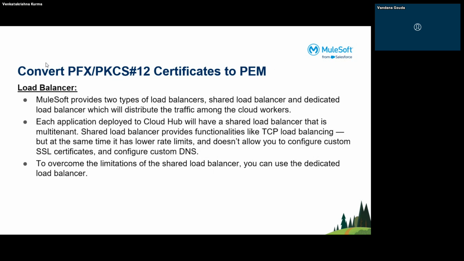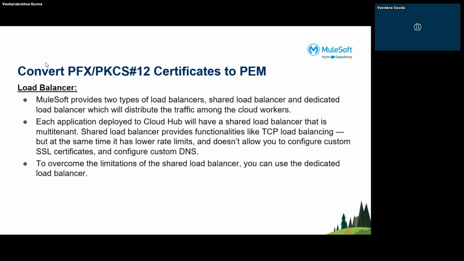Each application deployed to the cloud will have the shared load balancer, which is multi-tenant, and the shared load balancer provides functionalities like TCP load balancing. But at the same time, it has lower rate limits, and it doesn't allow custom SSL certificate configuration or custom DNS. That is the main difference between the shared load balancer and the dedicated load balancer.